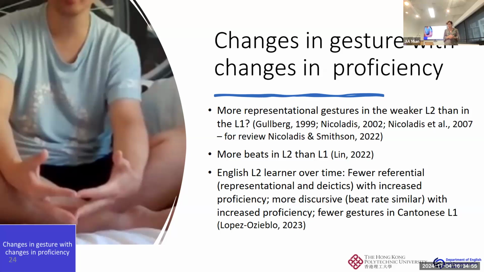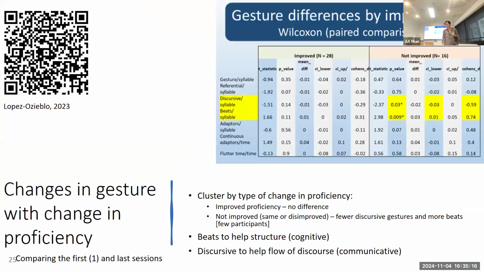And what we found with him is that as his proficiency increased, there were fewer representational and deictic gestures, so fewer of these semantic gestures that are related with the semantic content of the speech. And overall, there were fewer gestures in English than in his L1, Cantonese. You can read more about this in this article.